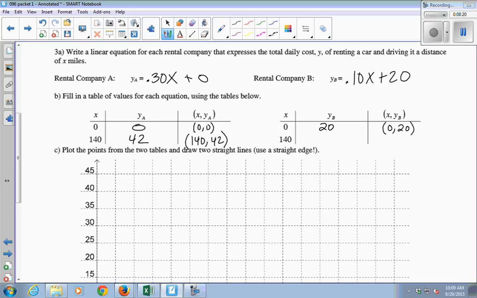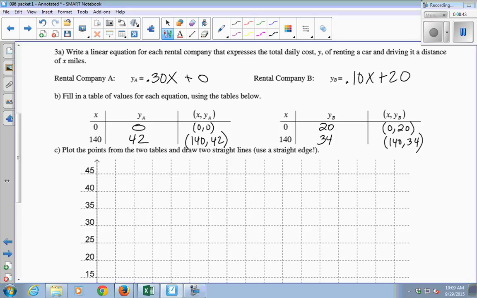All right, how about 140 miles? How much would it cost for 140 miles? $34. Yep. 0.1 times 140 is 14, plus your $20 flat fee, so $34. Okay, so my point is going to be 140, comma 34.